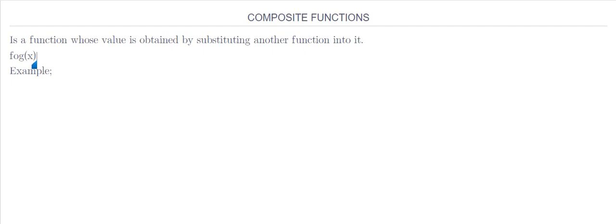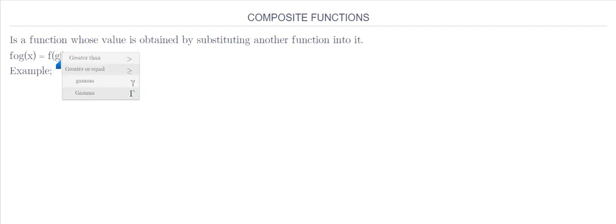This is a composite function because f is a function and g is a function, and this function is being formed by conjoining f and g in a specific way. You might also understand that f of g can be written as f of, and the thing that is following is inside a bracket, so it is f of g inside the bracket.